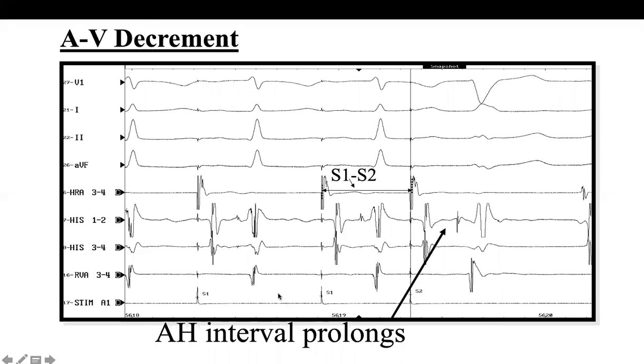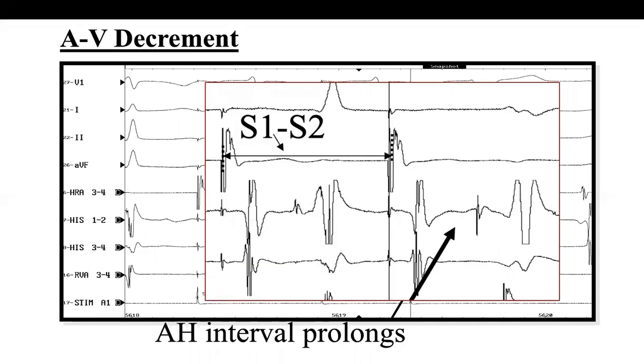For example, if S1 is 600 milliseconds, then S2 is probably 580, 560, 540, 530, 520, to see the effect on the conduction from the atrium to the ventricles, and to see if there is any abnormal conduction through an accessory pathway, or unusual prolongation of the AV node, the so-called dual AV nodal physiology.